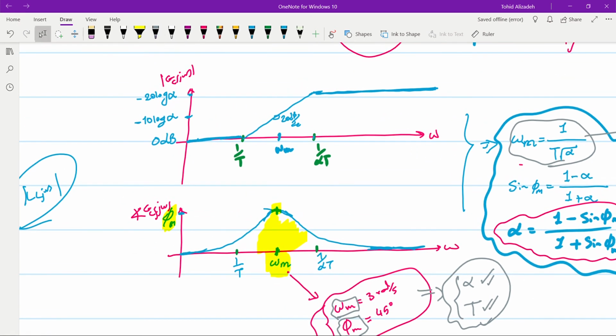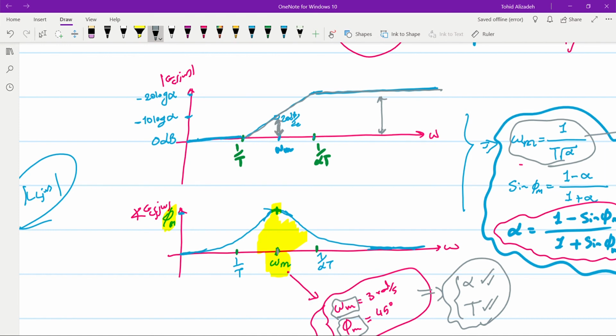One more thing to consider here is that we will usually try to set this omega m as the desired crossover frequency at which we are going to inject this positive phase, and as a result increase the phase margin. But at the same time, you should pay attention that at higher frequencies we will add this minus 20 log alpha into the amplitude, and around the frequency omega m we will add this minus 10 logarithm of alpha into the amplitude plot.